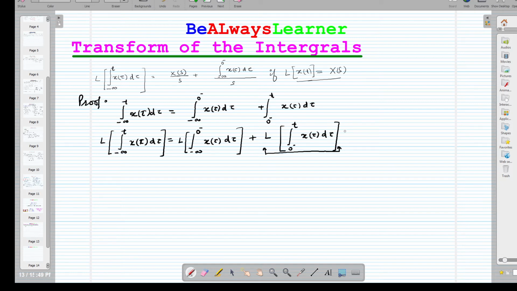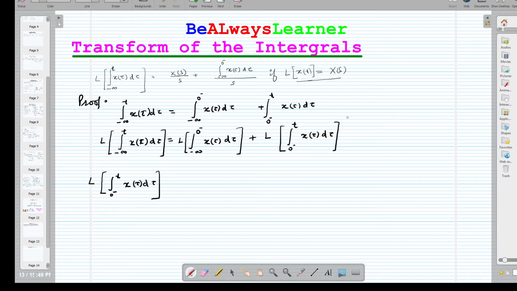By definition, we can write the Laplace transform of the integration from 0 negative to t of x(tau) d tau.